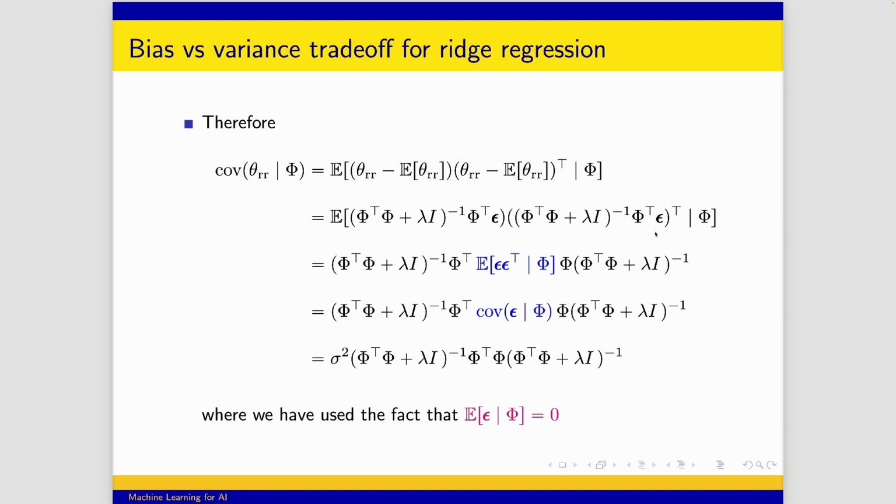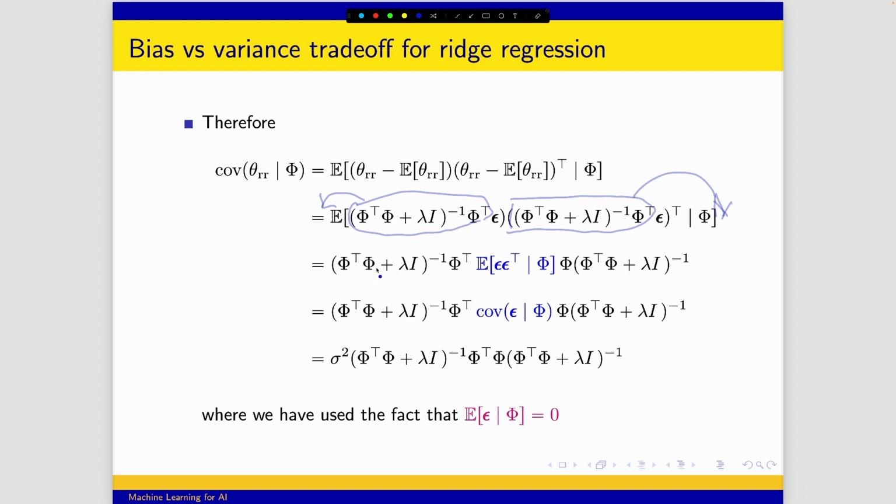Now, if this is conditioned on phi, this whole thing here, from here up to here, we can take outside the expectation. Similarly, this whole thing here, once we've conditioned on phi, we can take outside the expectation as well.